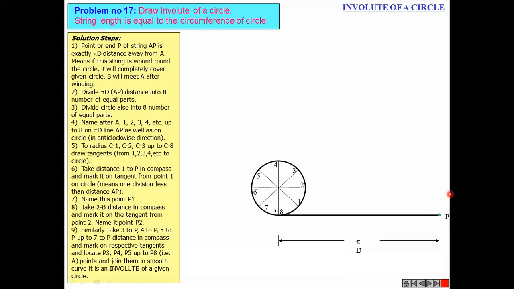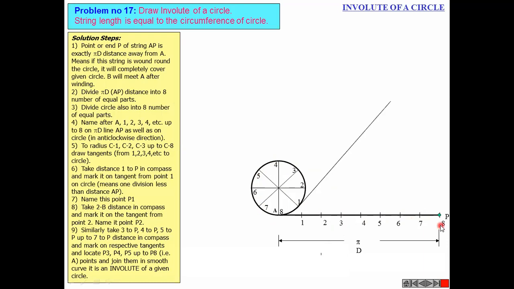And again, we will divide this horizontal line also into 8 equal parts. As you can see here, 1, 2, 3, 4, 5, 6, 7 and 8, and give names accordingly.